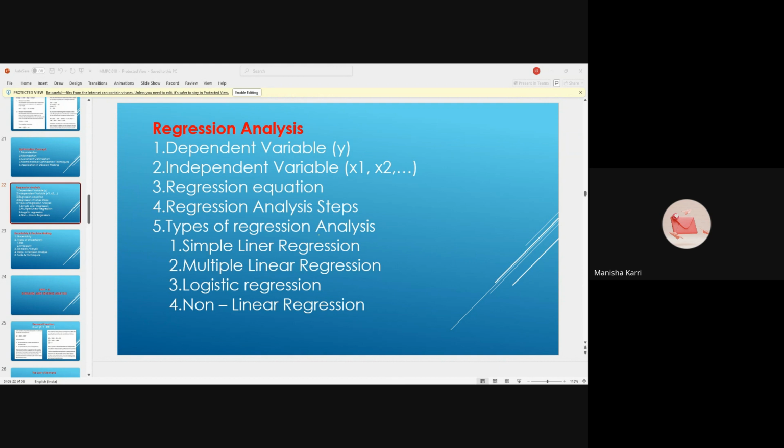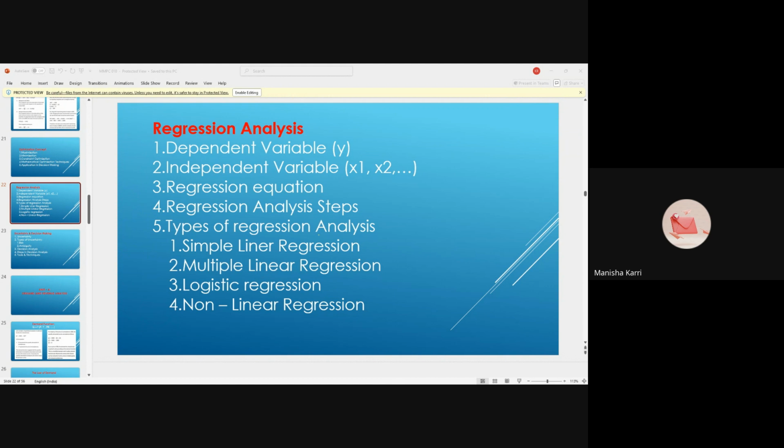These are the variables that are used to predict or explain the dependent variable. For example, in the same sales data study, the independent variables could be advertising expenditure, price, or some competitor's price. Okay.